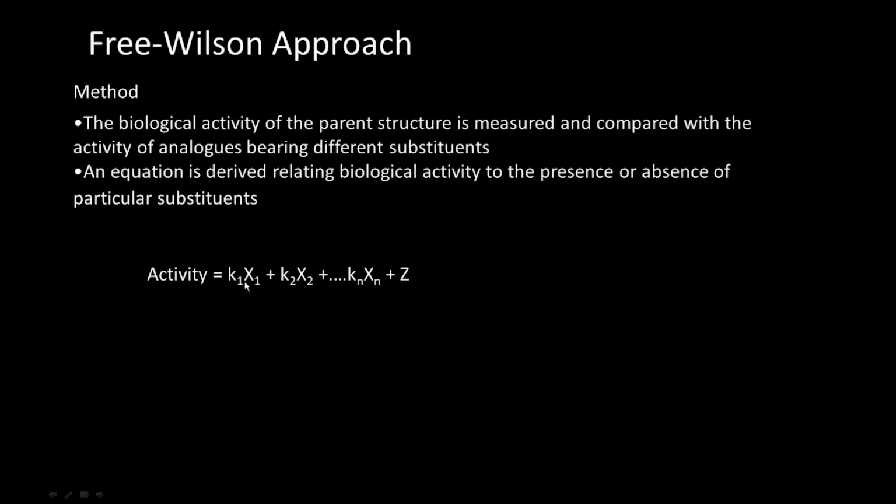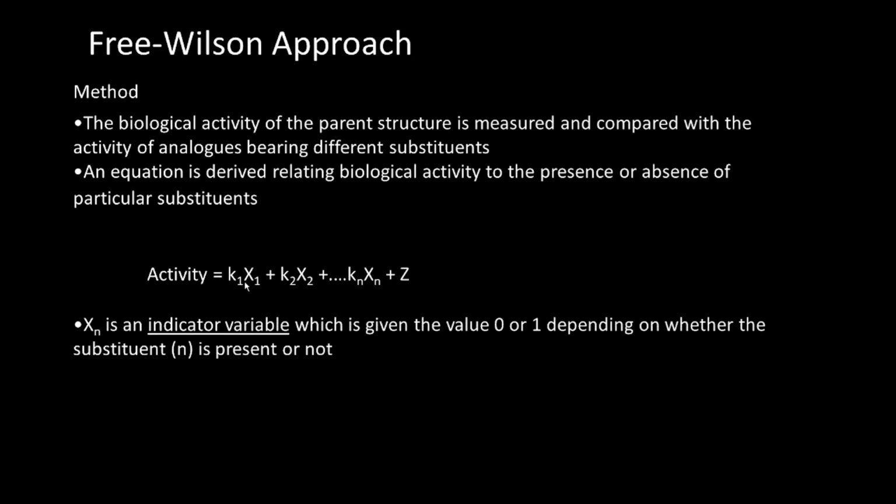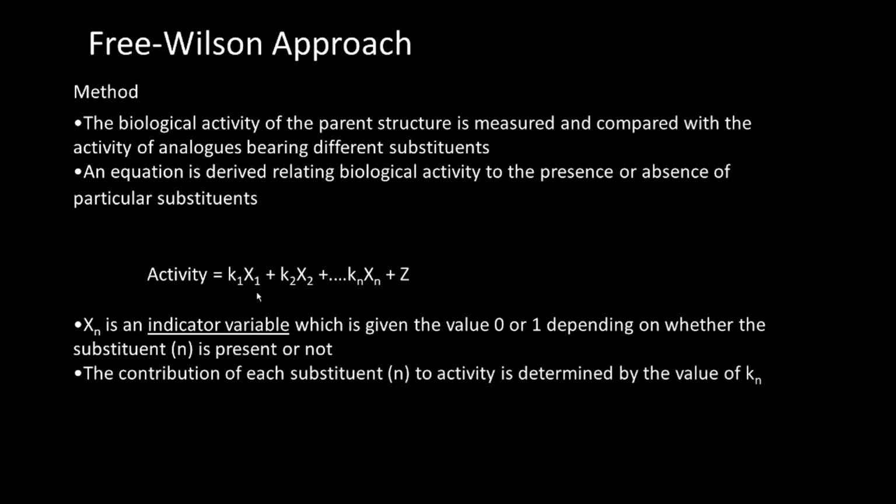So activity is equal to K1 x1 plus K2 x2 plus and so on, Kn xn plus Z. Okay, Z is the parent molecule, and then when I put different substituents, how the activity changes. Xn is an indicator which is given value 0 or 1 depending on whether the substituent is present or not. So if it is not present, we will make x1 0, otherwise if it's present, x1 will be 1.